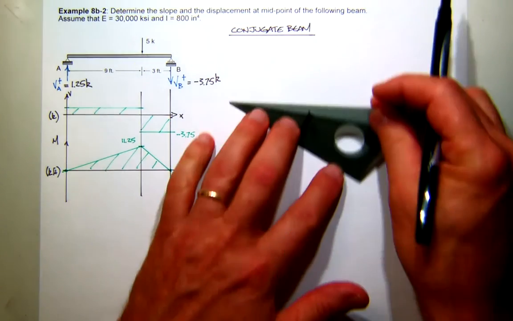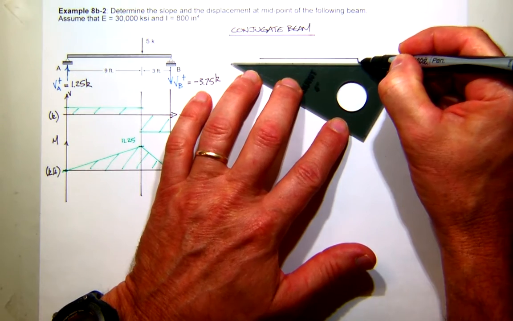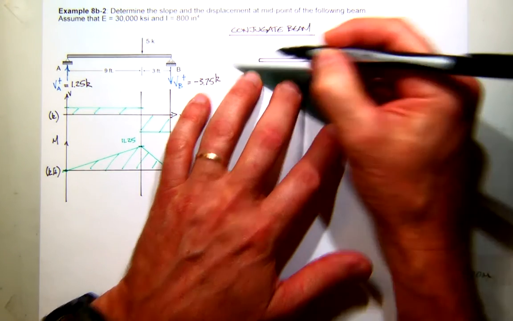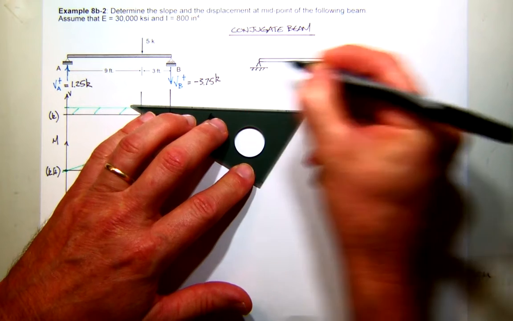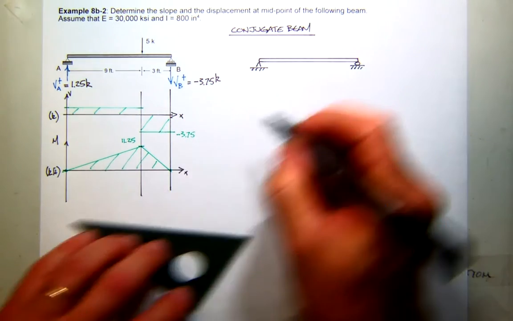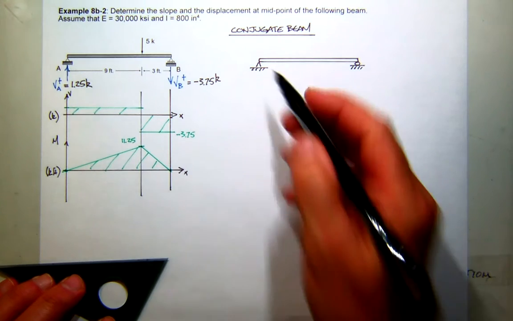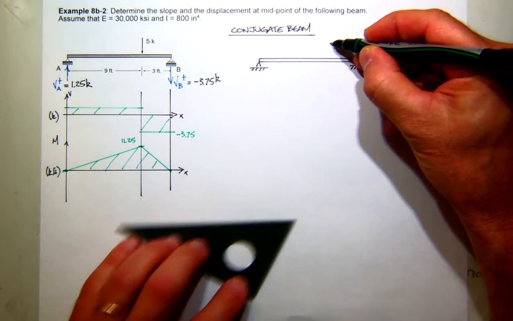So our conjugate beam looks pretty much exactly the same in terms of the geometry. So I'll still have a pin and a roller. Now I'm going to apply the moment as load. So I'll do that.